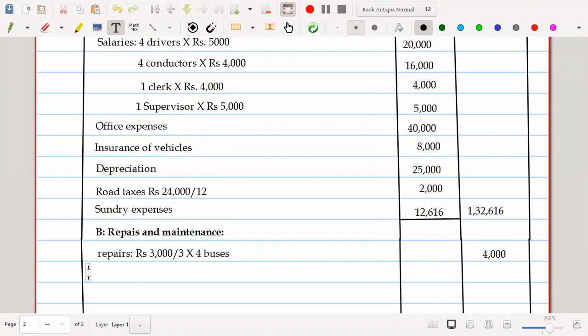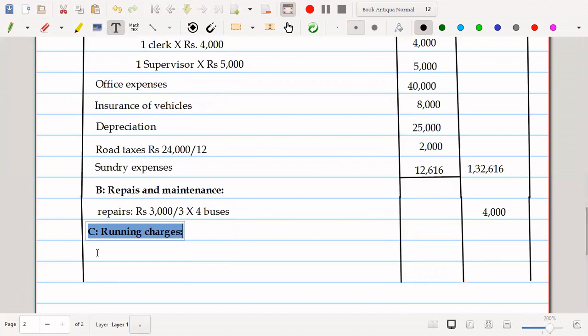And third heading, that is C, running charges. Under this, we have replacement of tires and tubes.